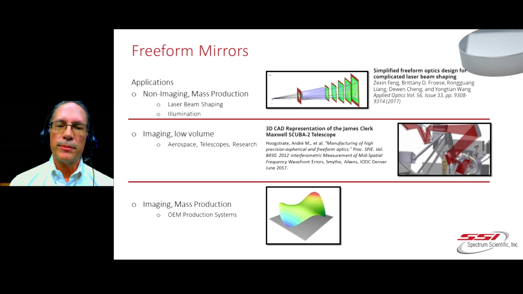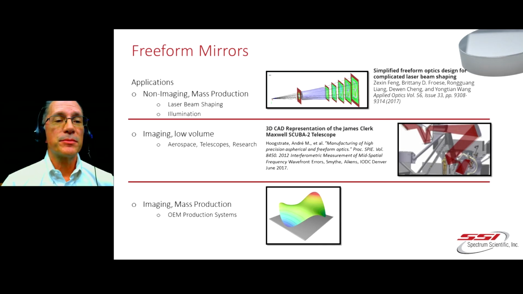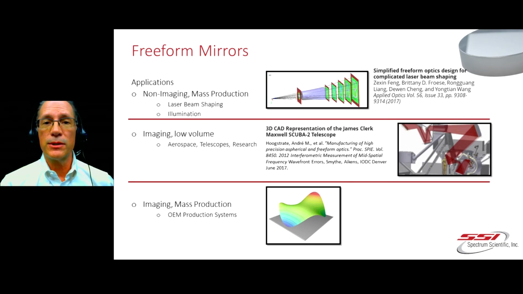But for imaging optics, that's where the new topic is here in the 21st century with freeforms. The imaging applications now, with the CNC machines that are available now with the feedback loop, they're able to do some really exotic optics, and there's more and more examples coming out every year of how freeforms are enhancing some of these high-end instruments.